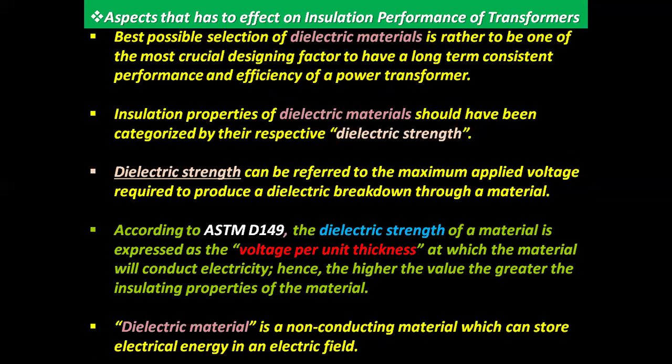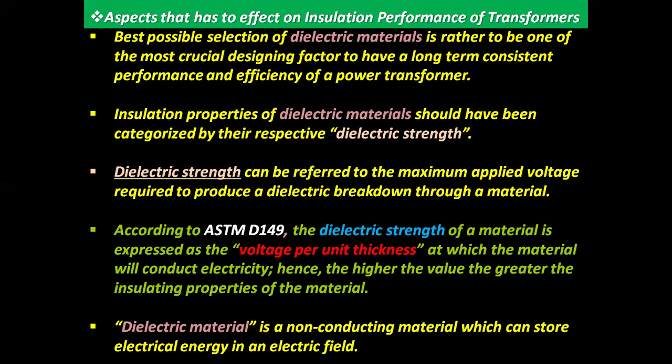Insulation properties of dielectric materials should be categorized by their respective dielectric strength. Dielectric strength can be referred to as the maximum applied voltage required to produce a dielectric breakdown through a material.